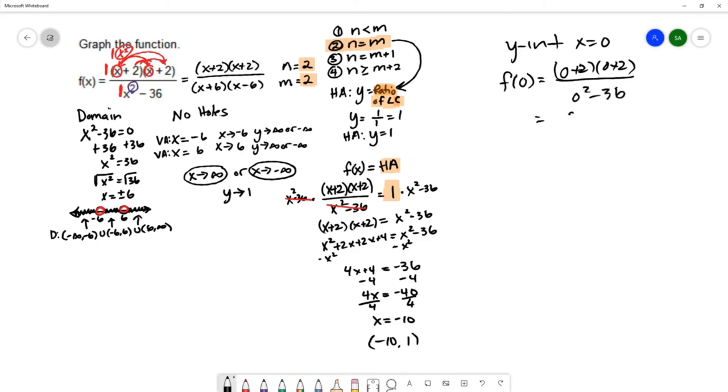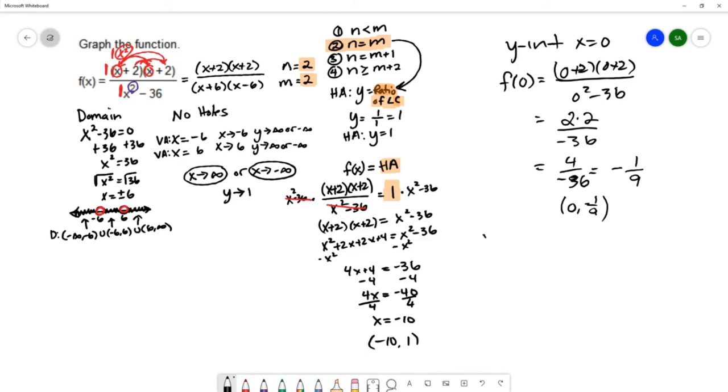So that gives me 2 times 2 over negative 36. 4 over negative 36 would reduce down to negative 1/9. So we do have a y-intercept, and that is the ordered pair 0 and negative 1/9.